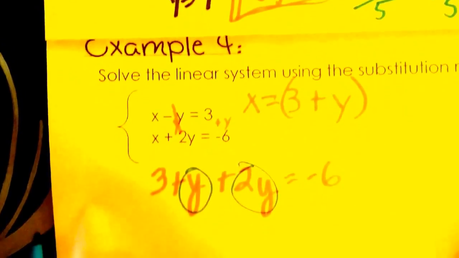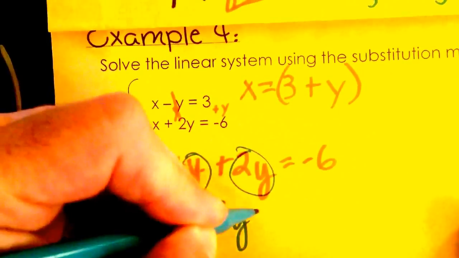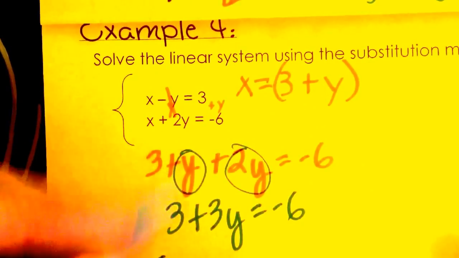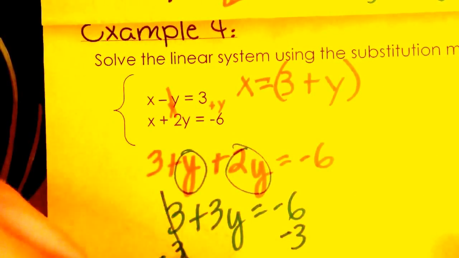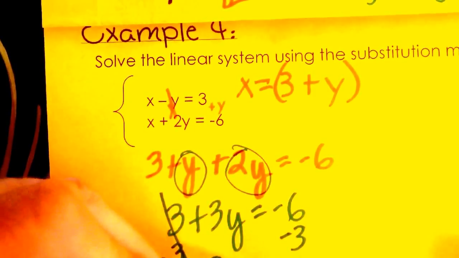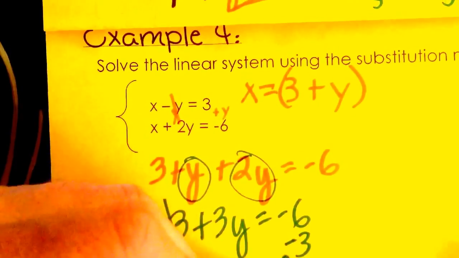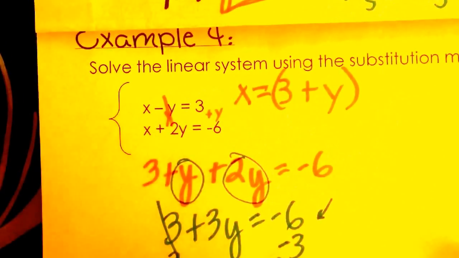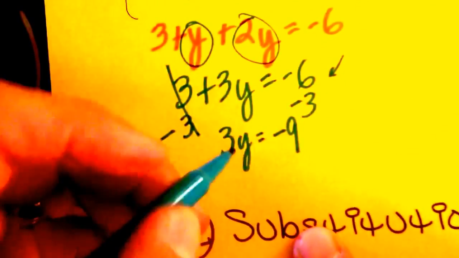That's going to give me 3 plus 3y equals negative 6. Continue on with our solving. We're going to subtract 3 from both sides. This gives me 3y equals negative 6 minus 3, which is negative 9. Remember to be careful with this. If that's still giving you trouble at times, please check it with a calculator or use a number line.